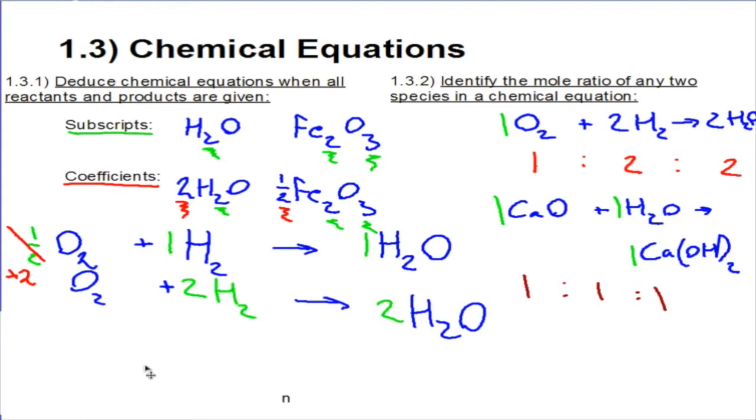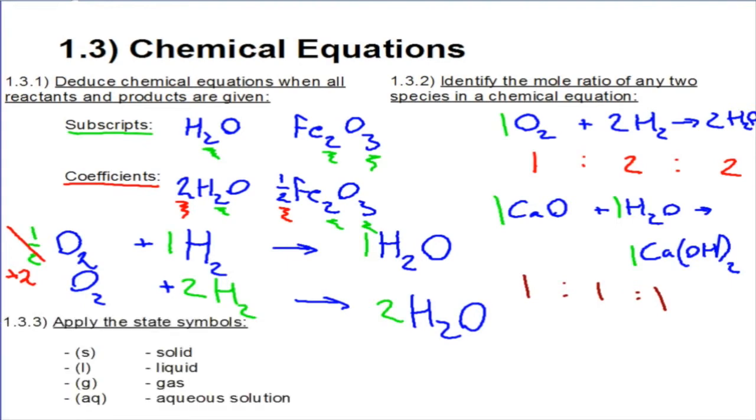Okay, so the next topic we'll look at is how to apply the state symbols, where S is a solid, L is a liquid, G is a gas, and AQ is an aqueous solution. And these state symbols are written as subscripts next to the subscripts that indicate the amount of atoms in the molecule.